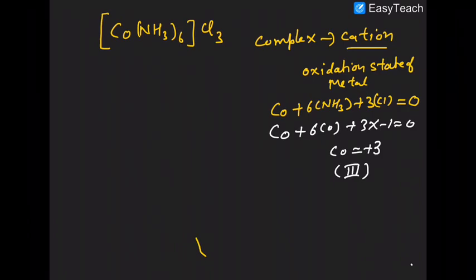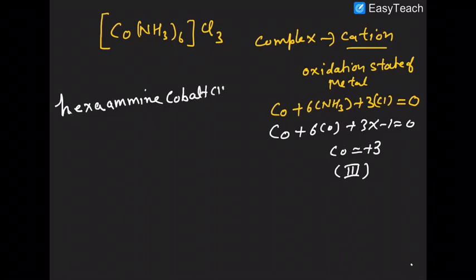So what is the oxidation state here? The answer is 3. How many times is ammonia present? So you will write hexaamine cobalt 3 chloride.